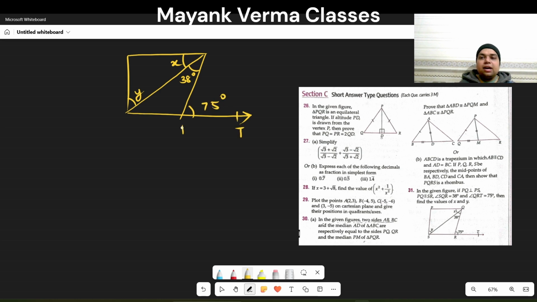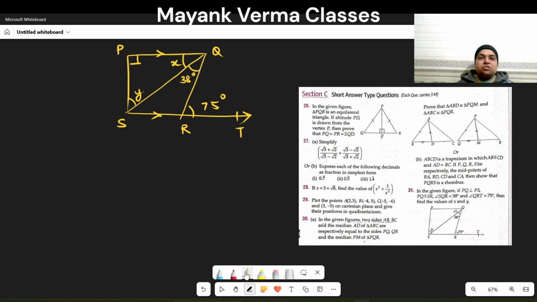This T, R, Q, P and S. In the given figure, PQ is perpendicular to PS. So this is 90 degrees given, and PQ is parallel to SR. So these two lines are parallel. I need to find the value of x and y.